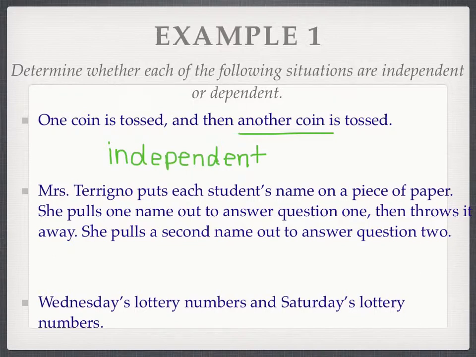Okay, Mrs. Torigno puts each student's name on a piece of paper. I pull one name out to answer a question, then I throw it away and pull a second name out. Okay, so I want you to think about this. If I pull out a name the first time and then I throw it away, and you didn't get called that first time, is the probability of your name being called the next time greater than it was the first time?